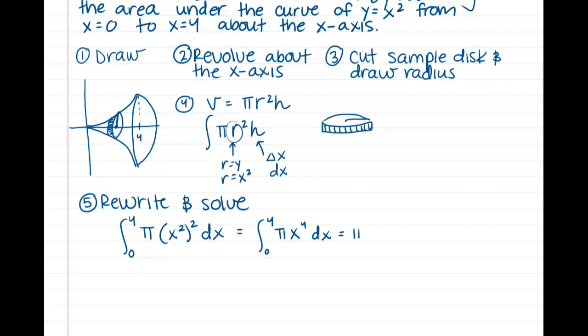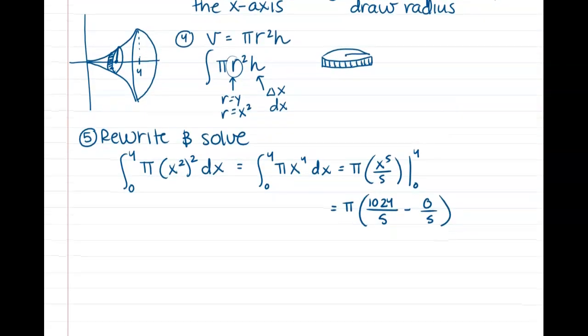So we end up with pi times x to the 5th over 5 from 0 to 4, which is pi times 4 to the 5th, which is 1024 over 5, minus 0 to the 5th, which is nothing, over 5. So we end up with a volume of 1024 pi over 5.